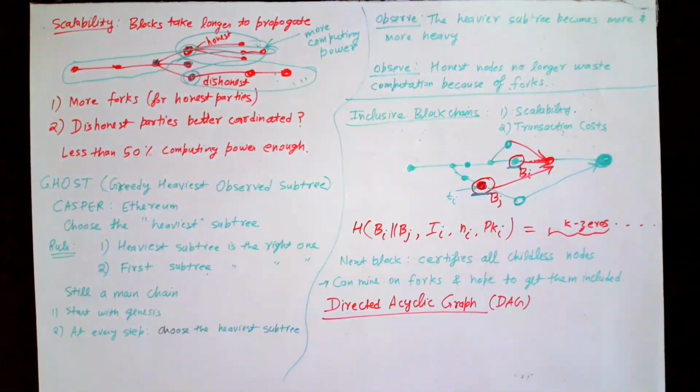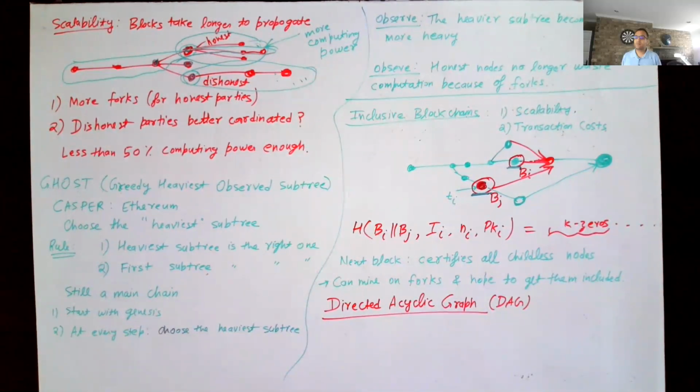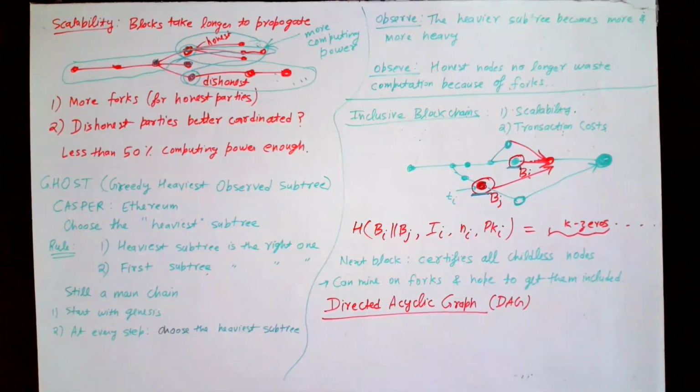But then this can lead to a change of the main chain, right? Or not? What do you mean? I mean, the main chain can switch to the side chain containing BJ, because in the existing main chain we are adding one block, but the side chain gets two new blocks added and certified.